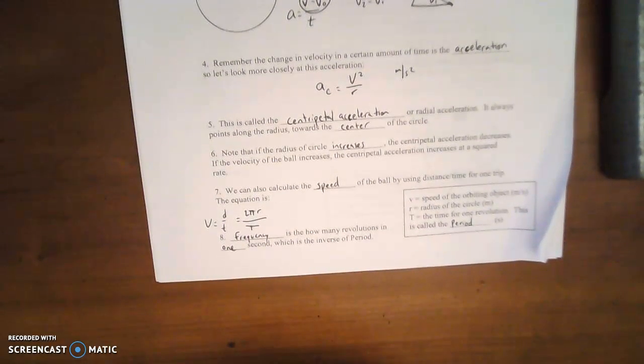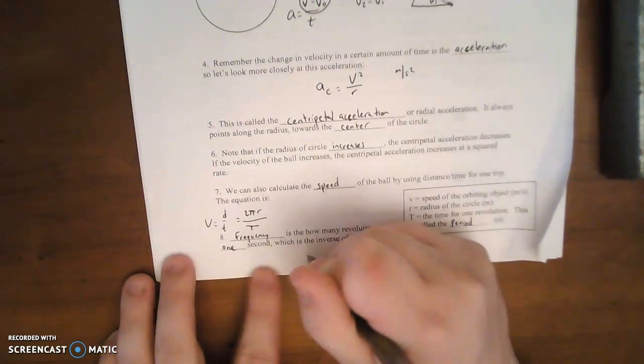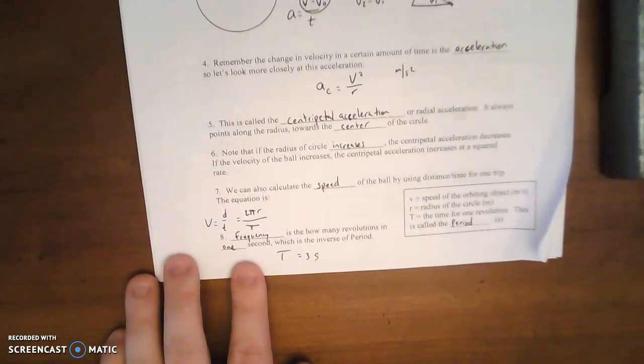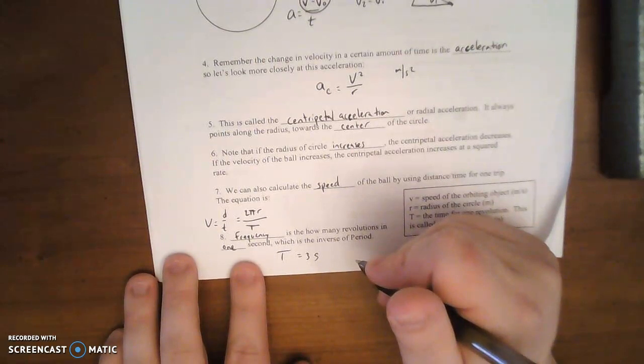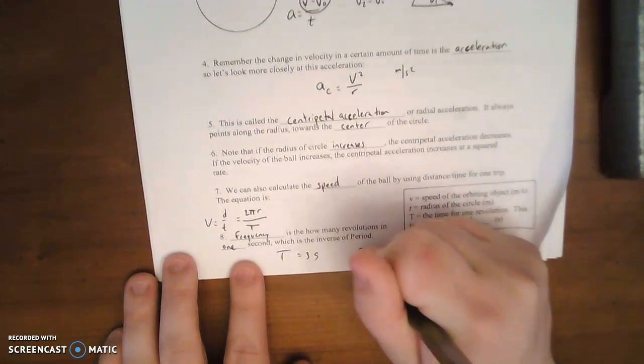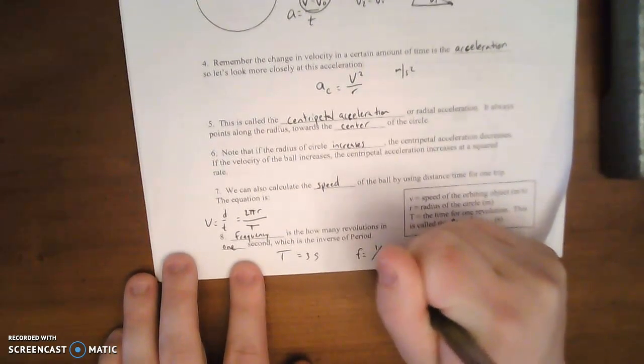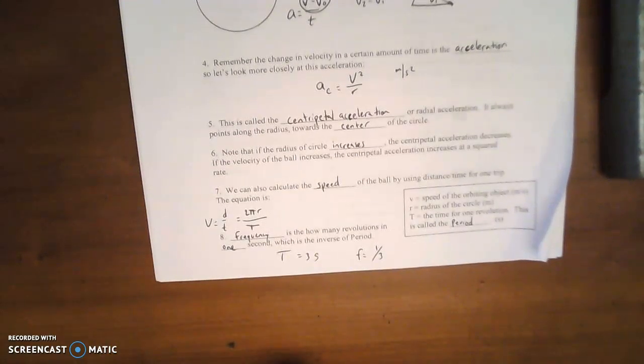So for instance, if it takes something 3 seconds to do 1 period, the frequency will just be equal to 1 over 3, because it'll go through a third of a rotation in that 1 second. So those are some things we'll talk about here as we go forward. Let's turn the page.